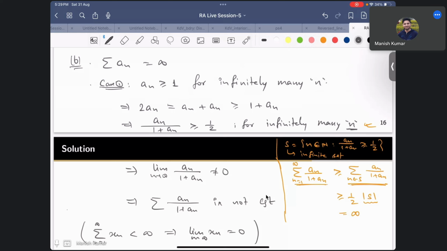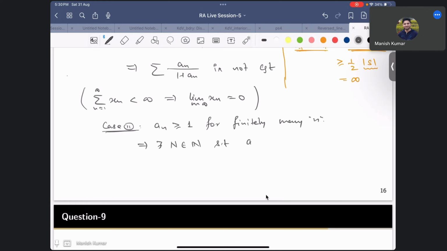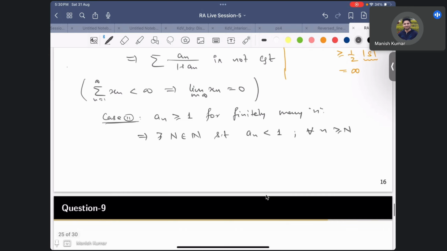So case 2 is that an is greater than or equal to 1 for finitely many n's. That means that an is strictly less than 1 for all but finitely many n's. So what I can write is, there exists some natural number N such that an is less than 1 for all n greater than or equal to N, because it's just finitely many n's where an is greater than or equal to 1.